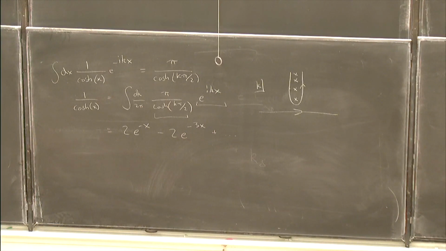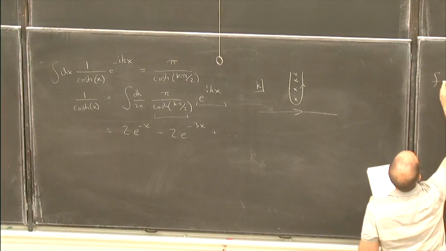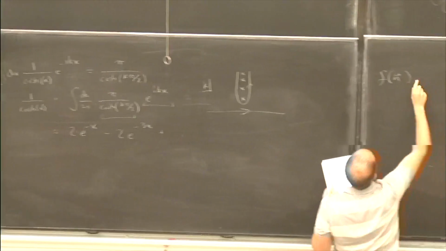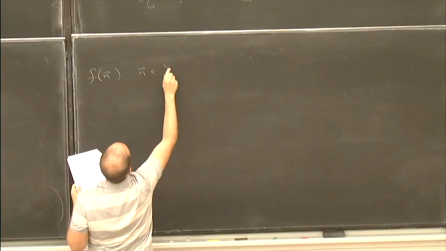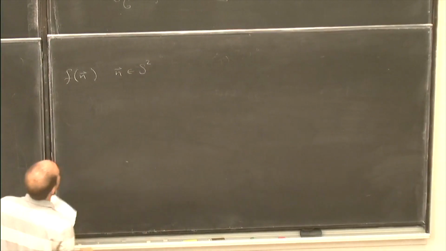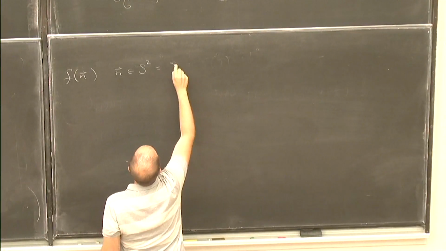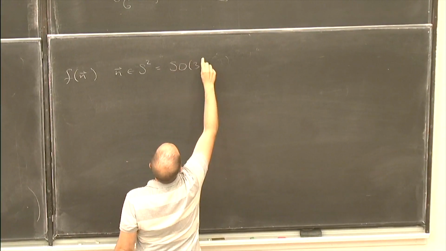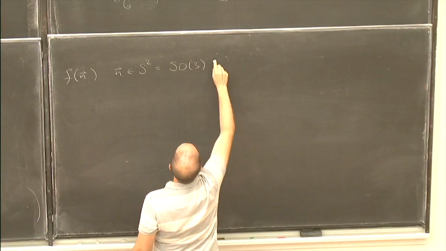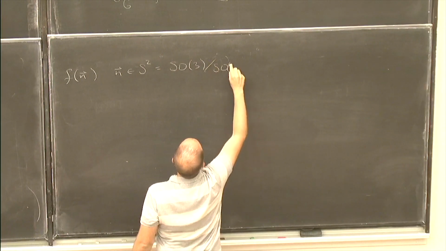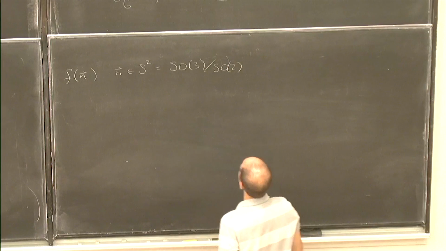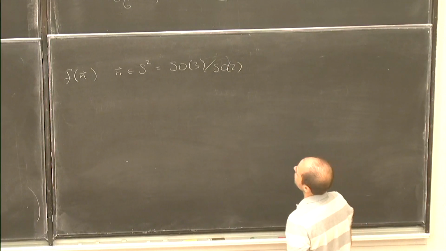Okay, so we're going to consider a function on the unit 2 sphere. And we'll think of S2 as a quotient of its isometry group modulo SO2. So SO3 mod SO2.